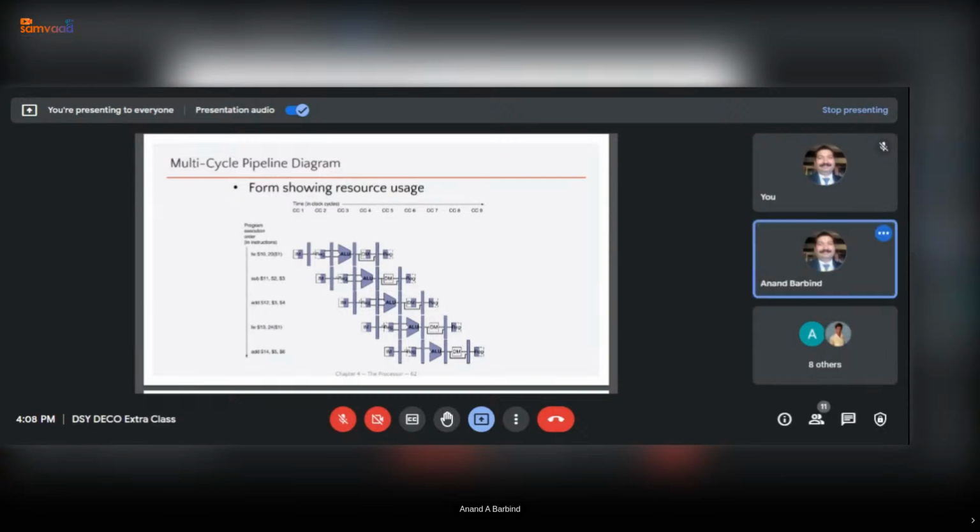In this unit, understanding the pipeline architecture is important. The second part is the hazards. When we go for the pipeline architecture, there will be hazards, that is, there will be problems. You cannot execute the program as it is, because there is a dependency of the instructions on one another.